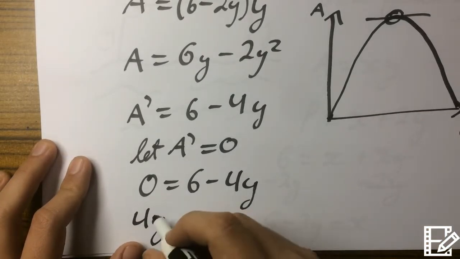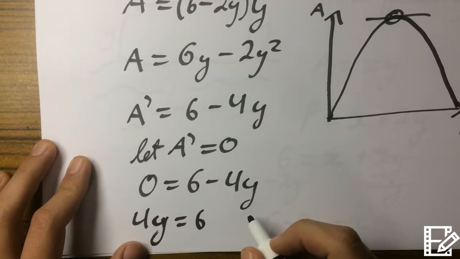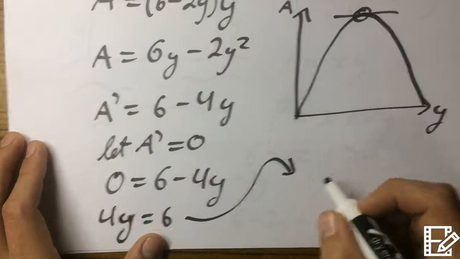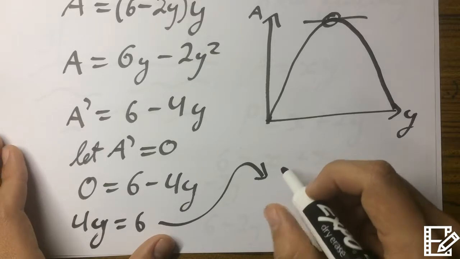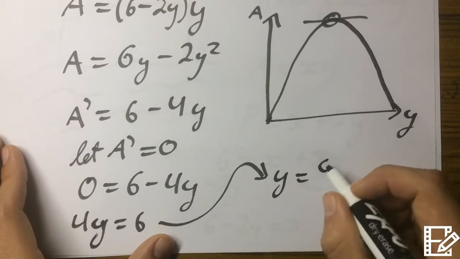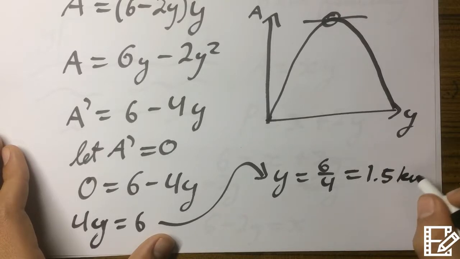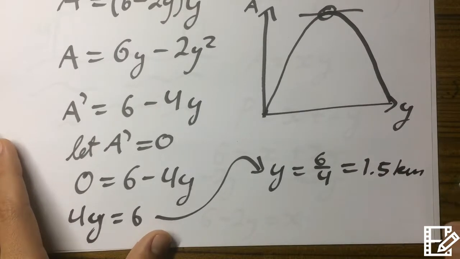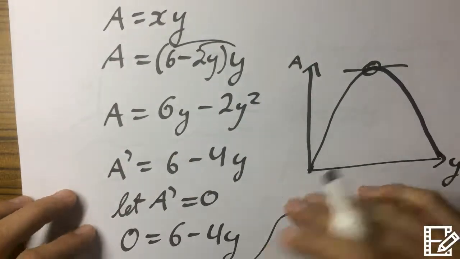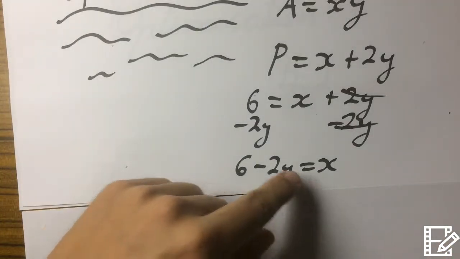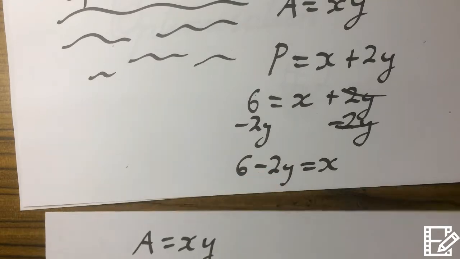That means 4y equals 6, because I added 4y to both sides. If we divide both sides by 4, we get y equals 6 on 4, which equals 1.5 kilometers. Now we have back here x, and we need y to find it.